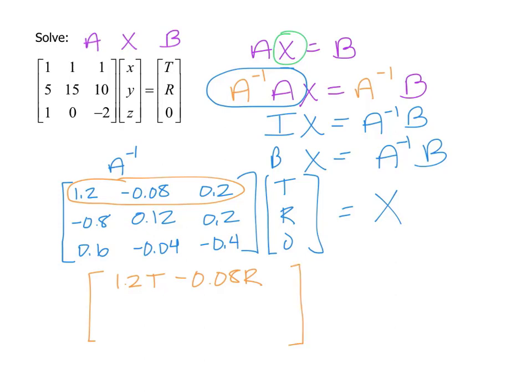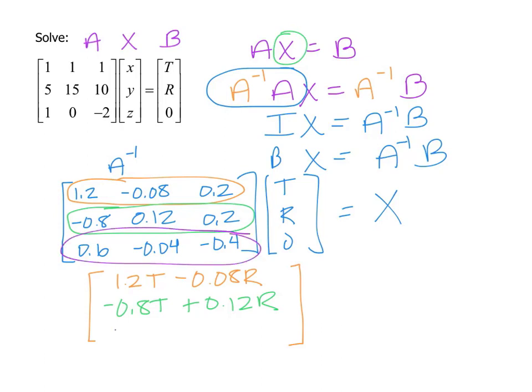The next row gives negative 0.8t plus 0.12r plus 0 times 0.2. The last row gives 0.6t minus 0.04r. This gives me my x, y, and z.